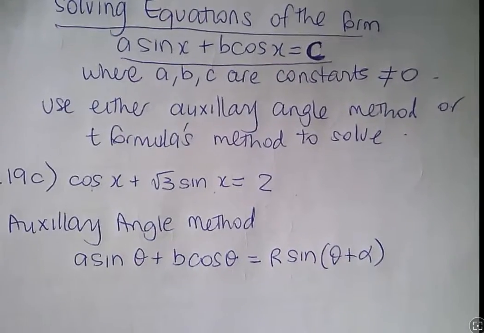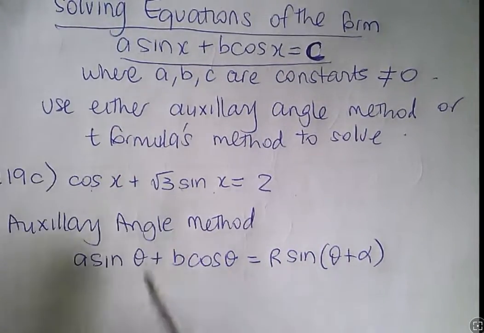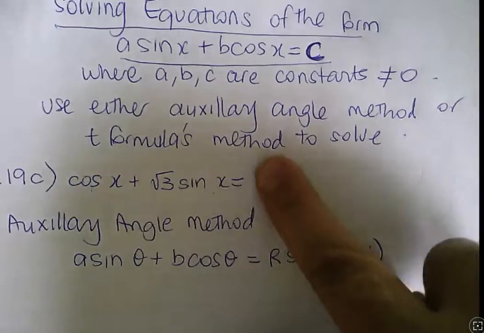But the question in the HSC should tell you to rewrite it in this form. So there are 4 ways that you could be asked to rewrite the left-hand side.